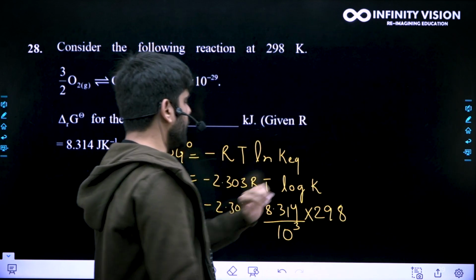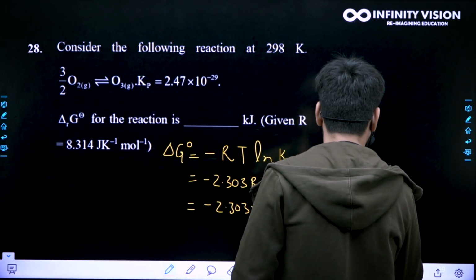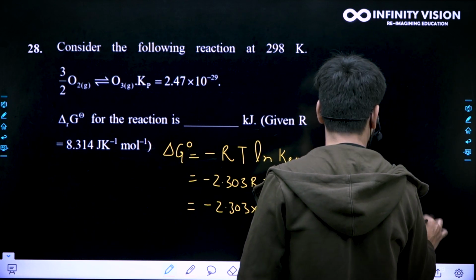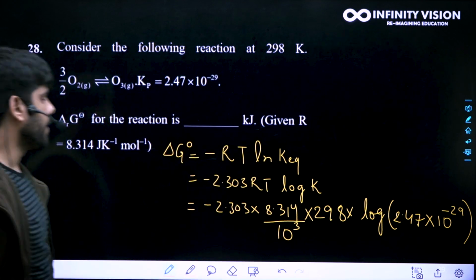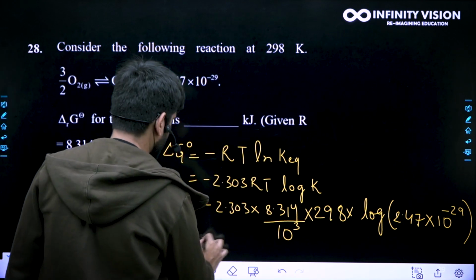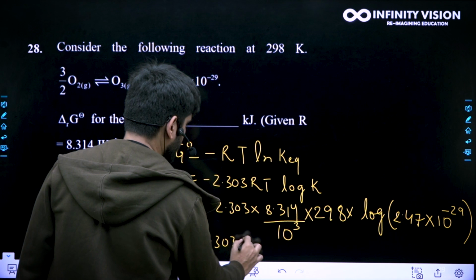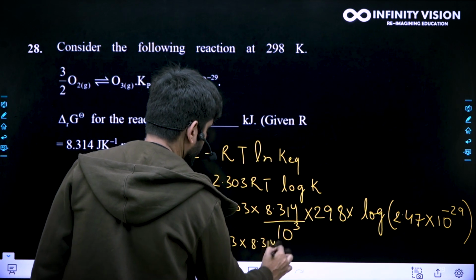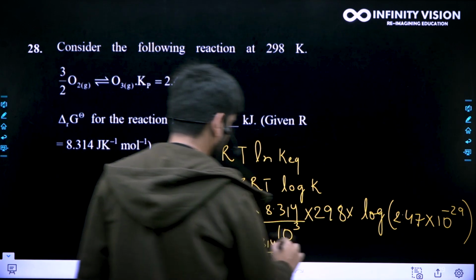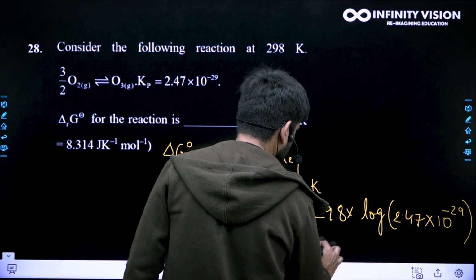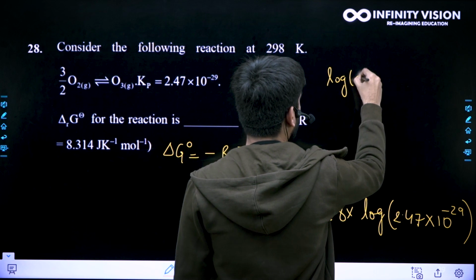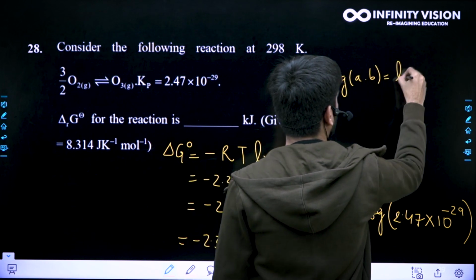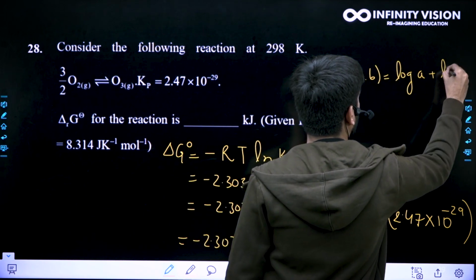All right. And K value is 2.47 into 10 to the power minus 29. When you solve it, this will be minus 2.303 into 8.314 upon 10 to the power 3 into 298 into, we know that log of A into B is log of A plus log of B.